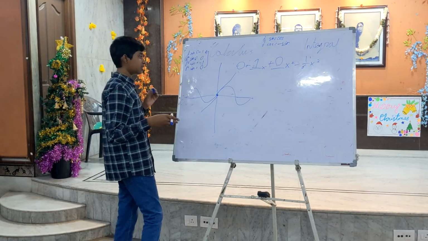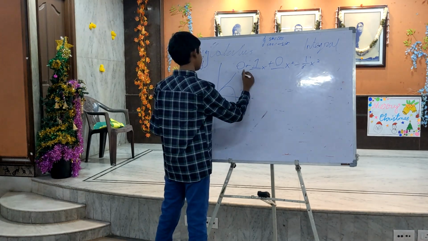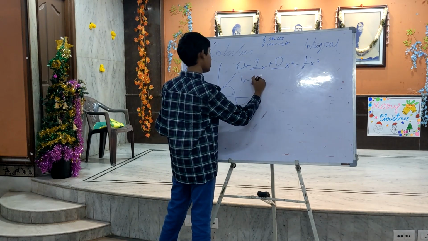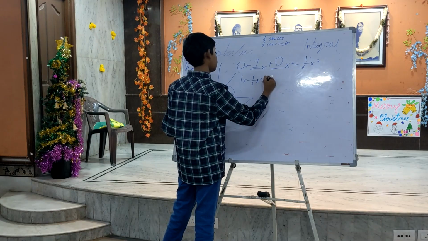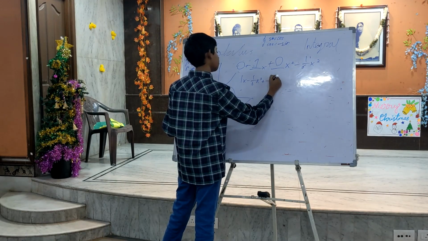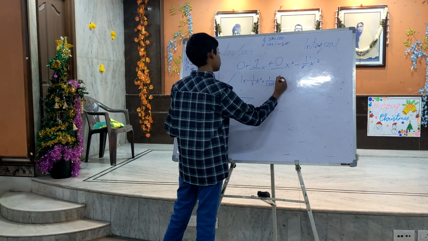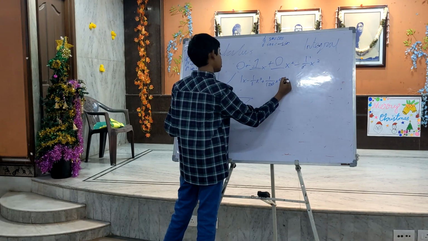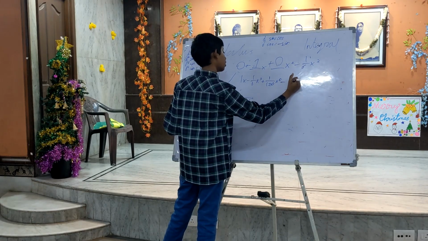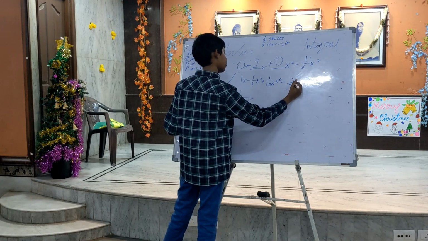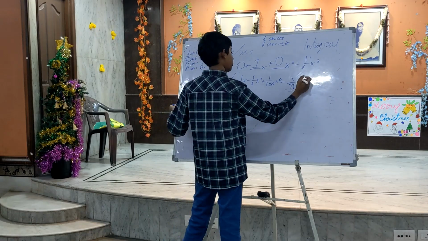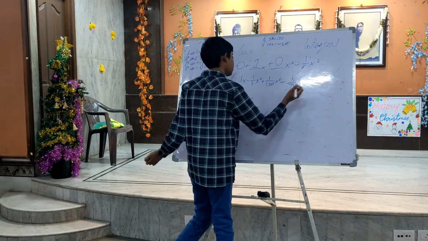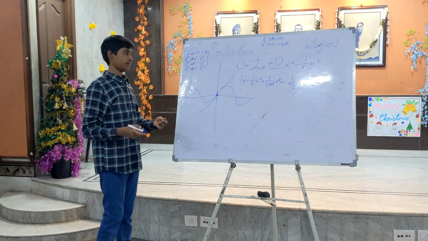So the Taylor series for sine would be something like x minus 1/6 x cubed plus 1/120 x to the power 5 and so on and so forth, then minus 1 divided by 7 factorial times x to the 7th power and so on.